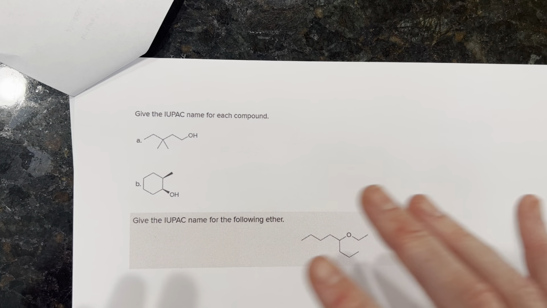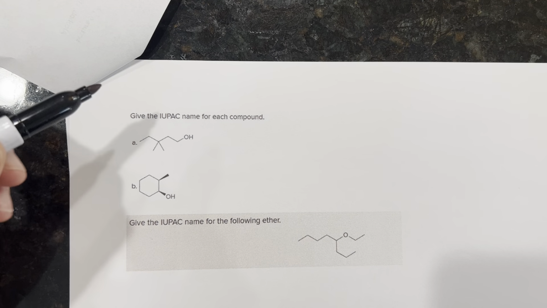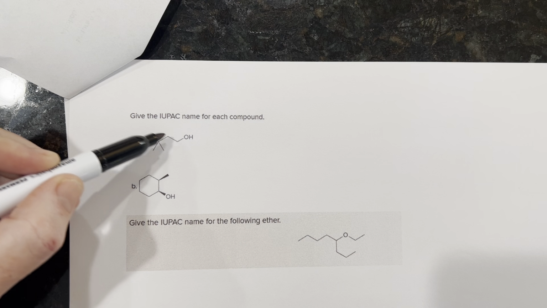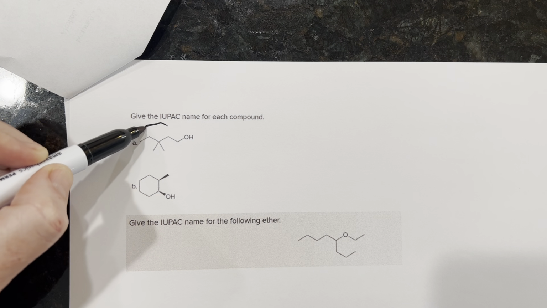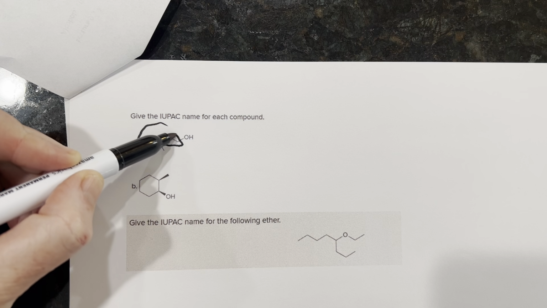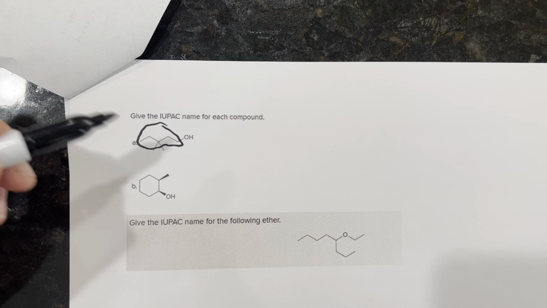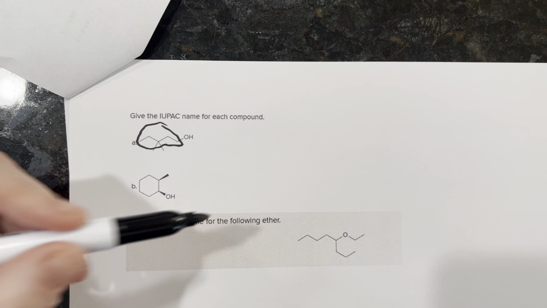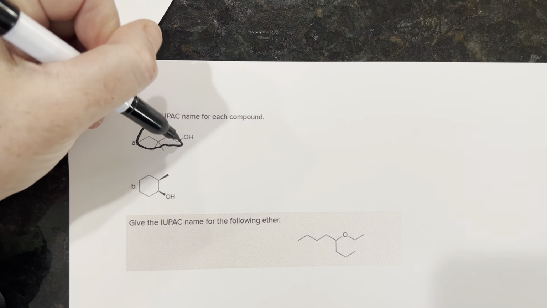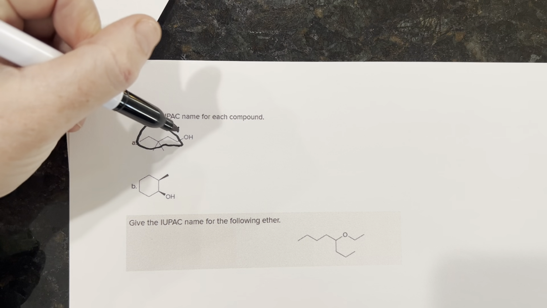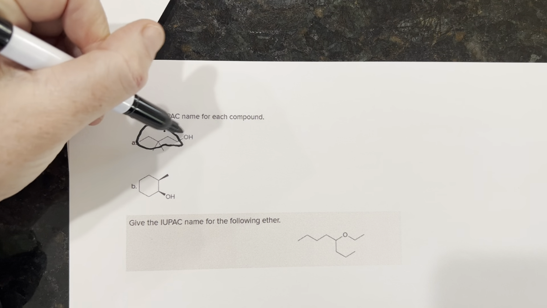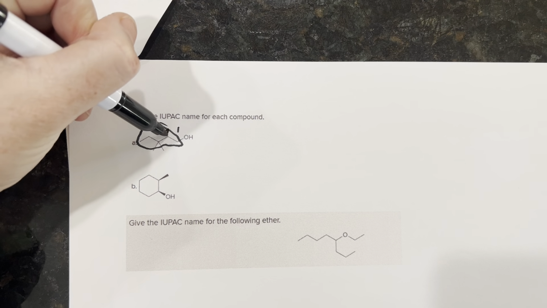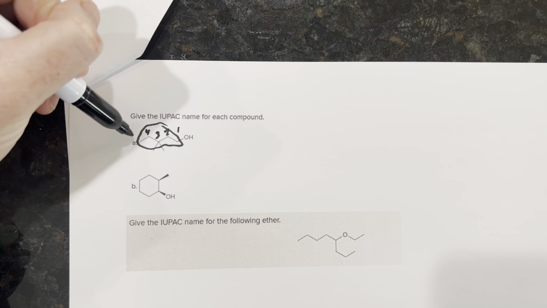All right, so let's go ahead and name these things. We always want to look for the longest chain. 1, 2, 3, 4, 5. I see a 5. Now I would normally call this a pentane, but I know because it's got an alcohol, it's going to be a pentan-dash-something-dash-ol. We know that this one is our number 1, because again you want to put the lowest number on the alcohol. 1, 2, 3, 4, 5.